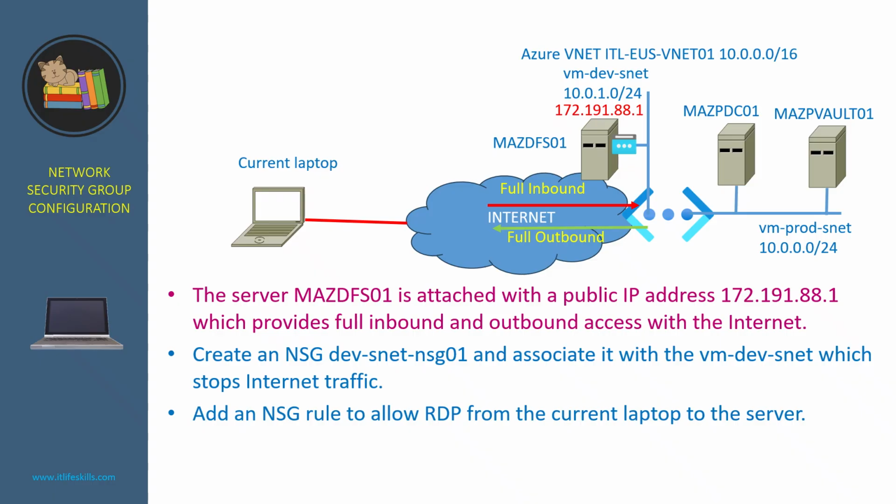In this practice, we will create an NSG called DefSNet NSG01 and associate it with the VM def subnet, which stops Internet traffic. After that, we will add an NSG rule to allow RDP traffic from the current laptop to the server.